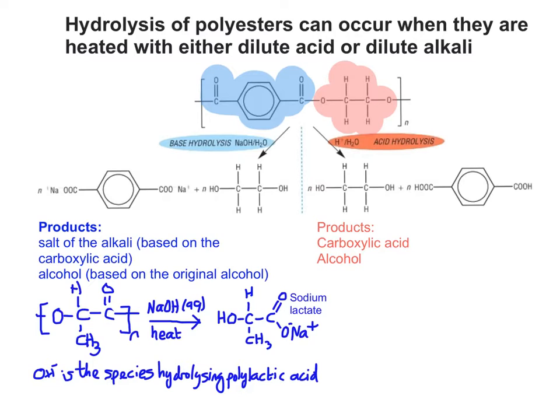If you warm polylactic acid with aqueous sodium hydroxide, you get sodium lactate, and simultaneously you'd have the regeneration of the alcohol group from where it was before. So the sodium salt over here will be formed at this point.